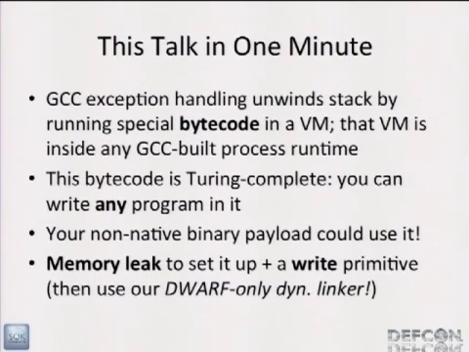If I need to resume this talk in only 1 minute, basically it says that the GCC exception handling mechanism is capable of unwinding the stack, and it runs a special bytecode VM. This VM is Turing complete, which means that if we can manipulate the bytecode, we can completely manipulate the VM, and thus we can do whatever we want.